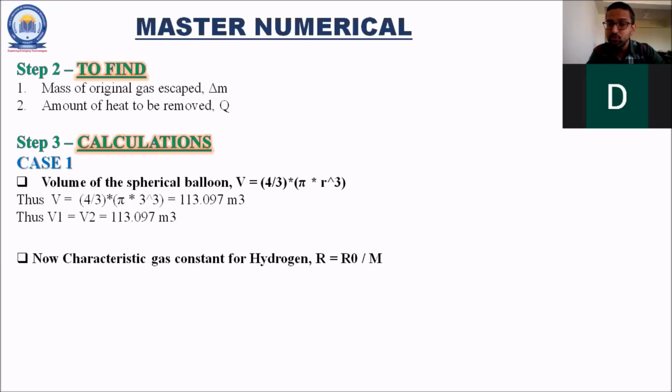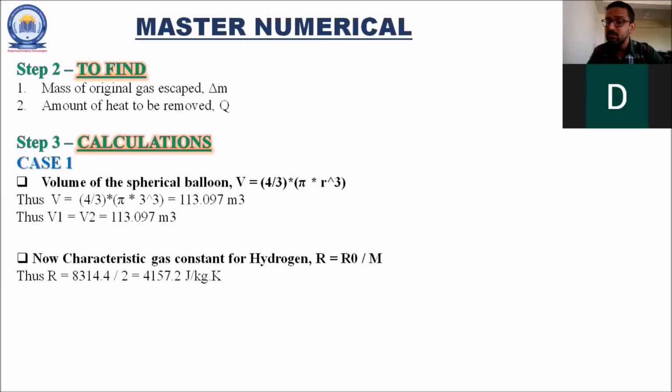Now friends, using the equation for the characteristic gas constant, that is R is equal to R0 by M. I hope you remember this equation in the derivation of the characteristic gas equation. We have substituted the value of R0, that is the universal gas constant.